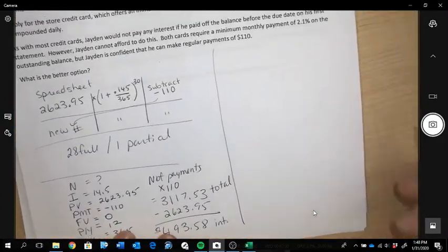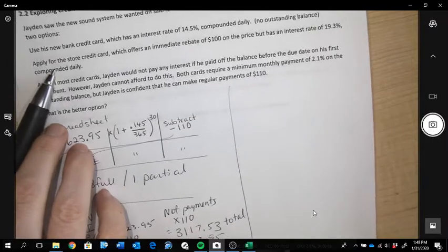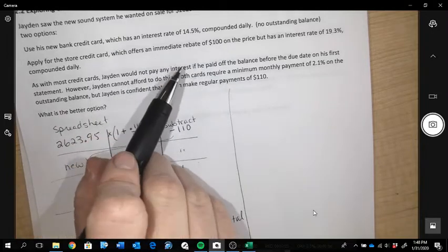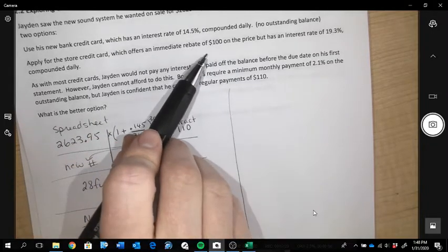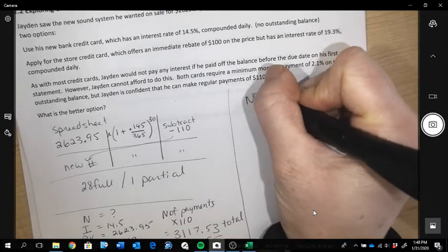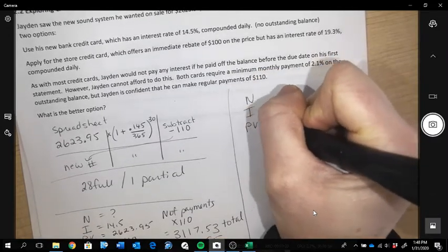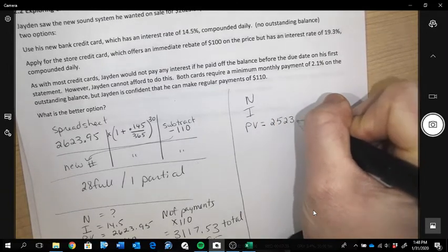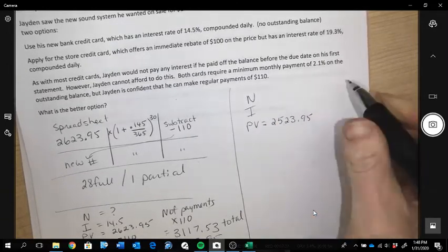Okay, the second store option. I'm not going to show you this one on the spreadsheet because it's just the exact same as the other one, you just have to use different numbers. Apply for the store credit card, which offers an immediate rebate of $100. So my starting balance is $2,523.95 because I got $100 off.